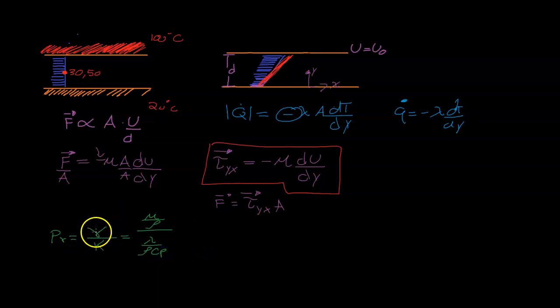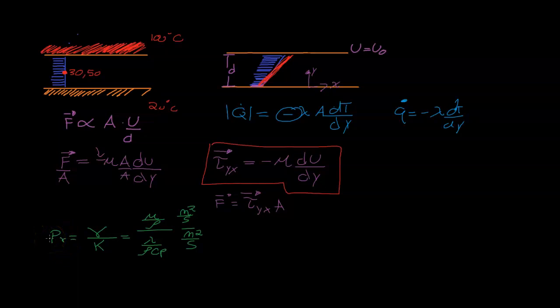This is a ratio of momentum and heat transferred in a fluid, just to know how good the heat transfer is and how it relates to the momentum transferred in the fluid. The units of both are meter squared over second, which is why this is a dimensionless number, the very important Prandtl number.